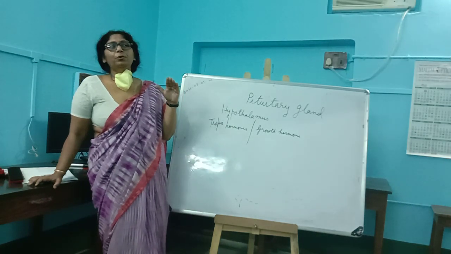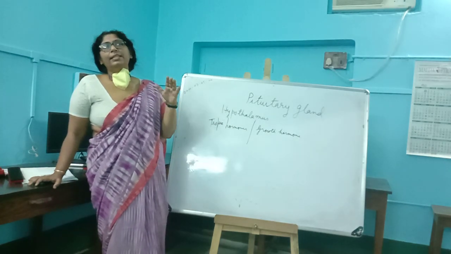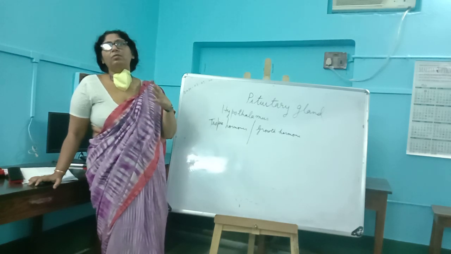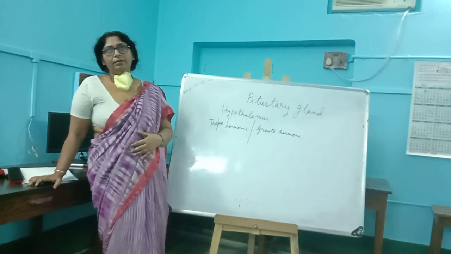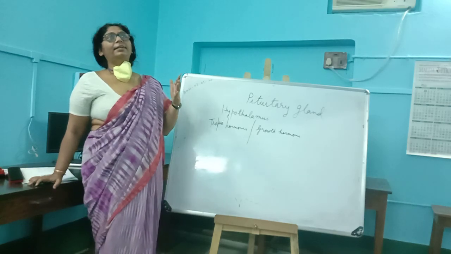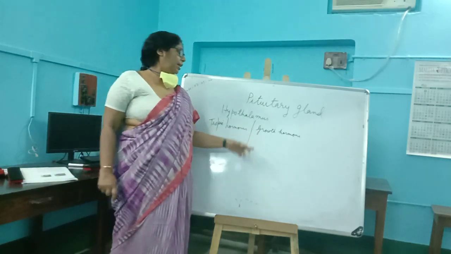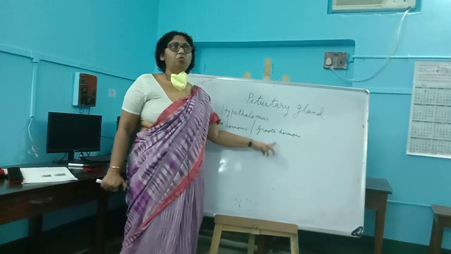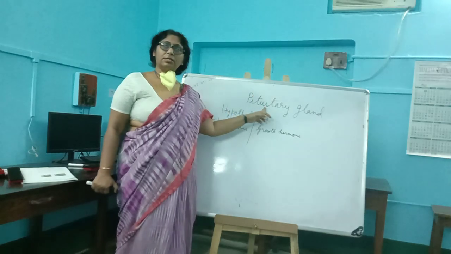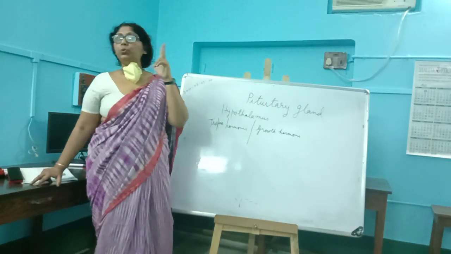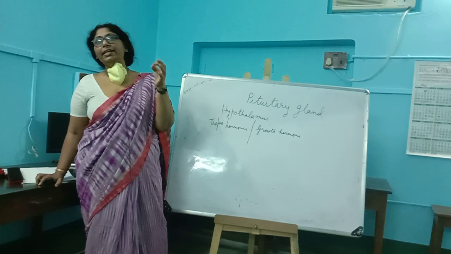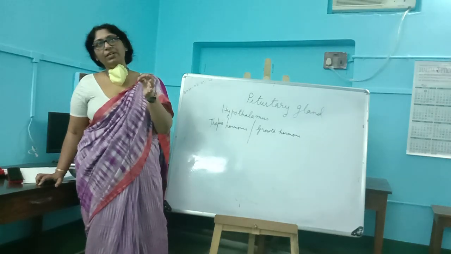So it has to be produced in such an amount that the normal height and normal growth and development of the person is maintained. The normal growth and development of a person is maintained by the growth hormone, which is a product of the pituitary gland. Two things you have to keep in mind here: why is the pituitary called the master gland?